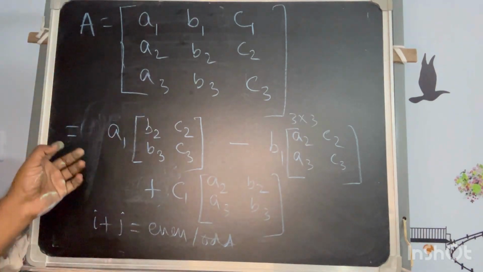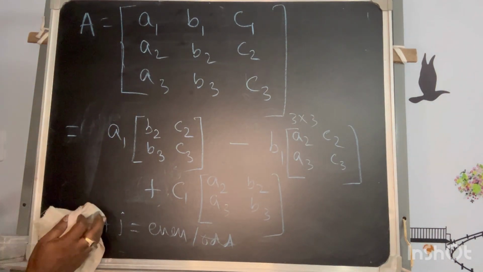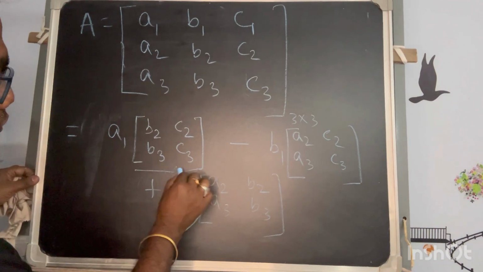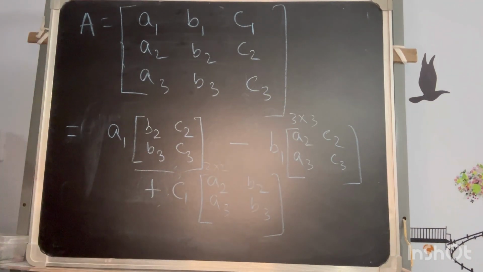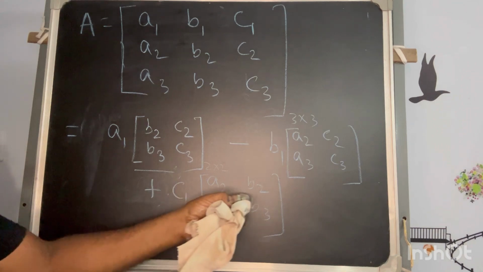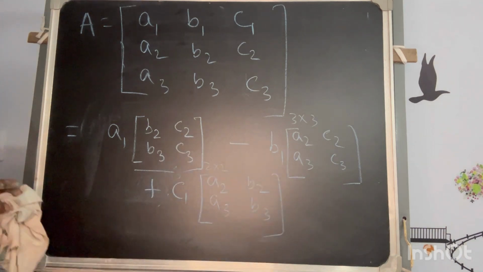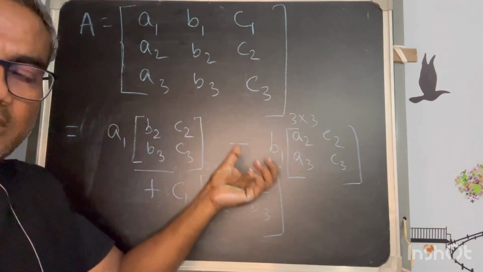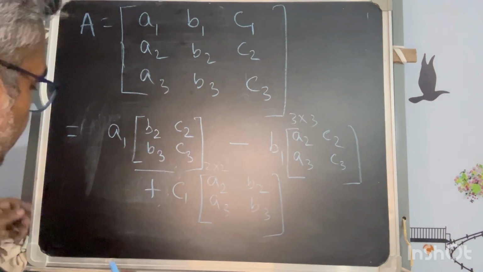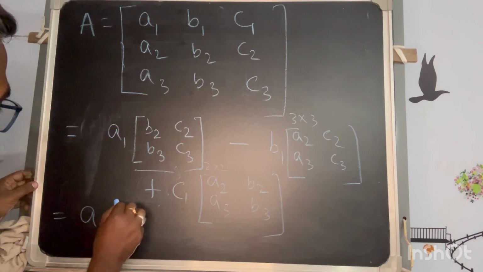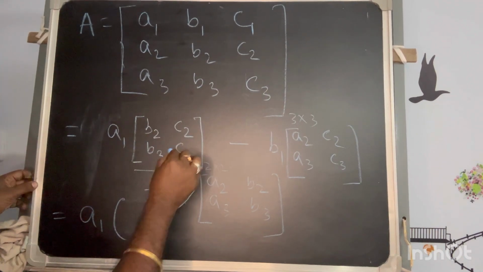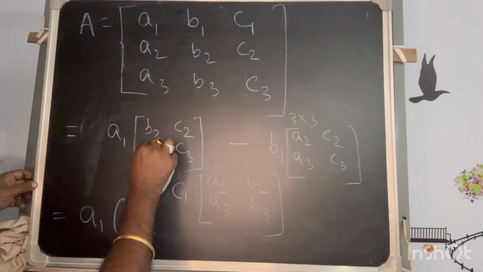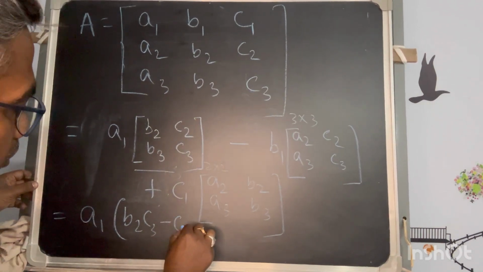This has to be done till you reach a 2 by 2 matrix, because after that this plus minus rule will not carry, and you will get a single value. So if I expand further, this will come as this into this, as per orientation, from top to bottom, then minus bottom to top.